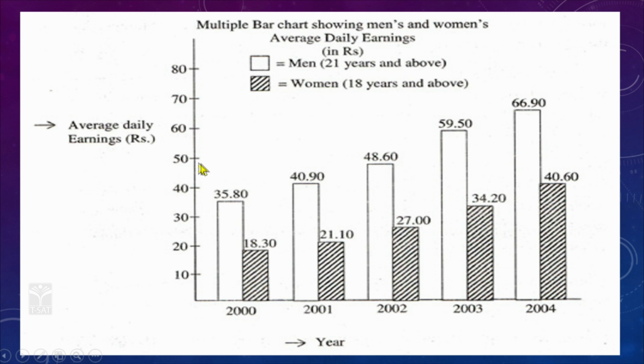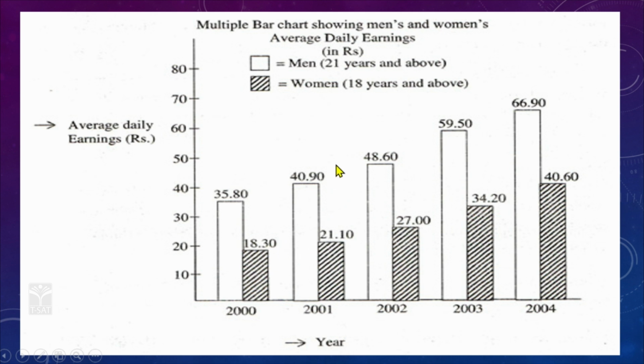These two we will consider. Average daily earnings are given by year. In the year 2000, the average earning of men is 35 rupees 80 paisa. For women it is 18 rupees 30 paisa in 2000.